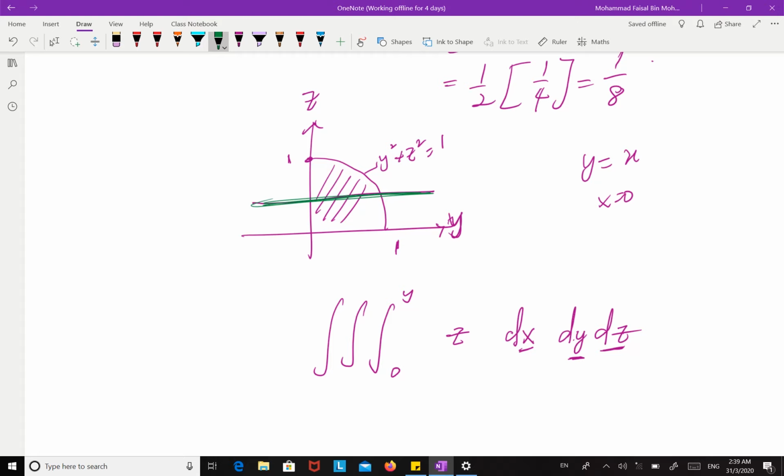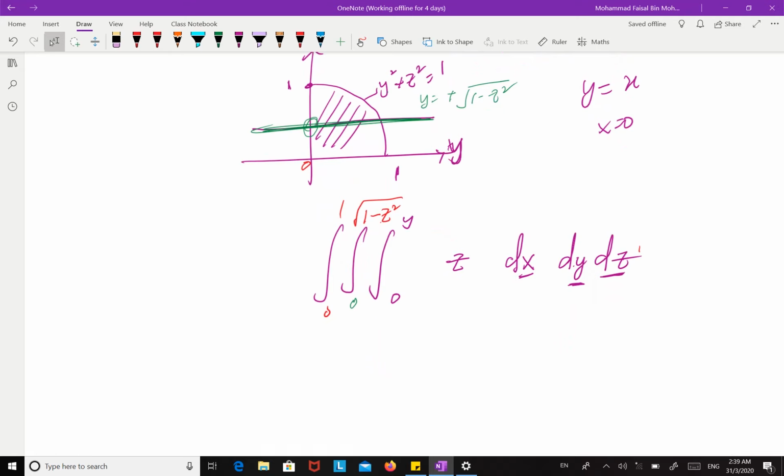Your y is from 0 to the square root of 1 minus z squared, plus only, because it is the first octant. See, your y must be a function of z only. Then your z should be constant, that is 0 to 1. You can integrate the same and you will get 1 over 8. Please check, maybe as your homework.